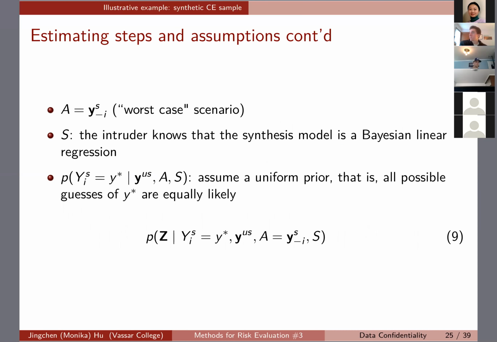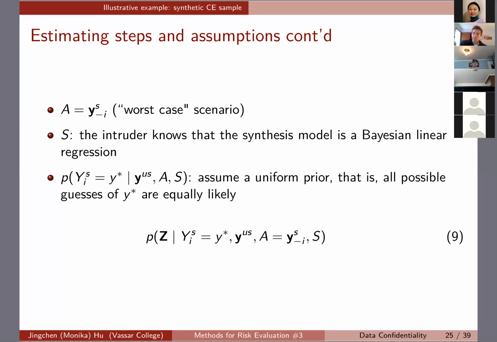All right, so all of this should be fine. And then we're going to, again, make the same assumption here. We're going to use the worst case scenario. So our A is Y_S minus 5. S is that the intruder knows that the synthesis model is based on linear regression. We're going to assume that. And then we're going to assume a uniform prior, so all of the guesses will be equally likely.